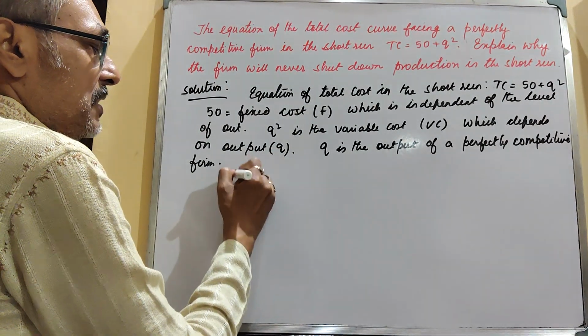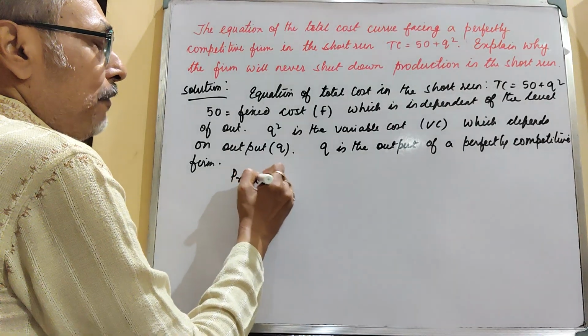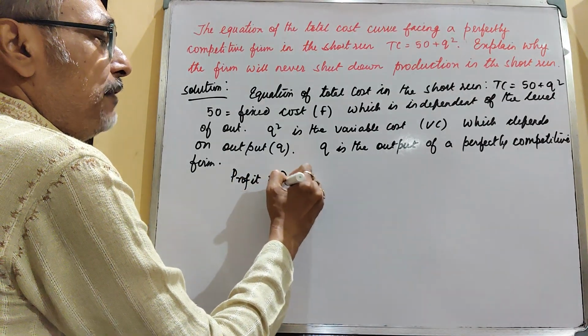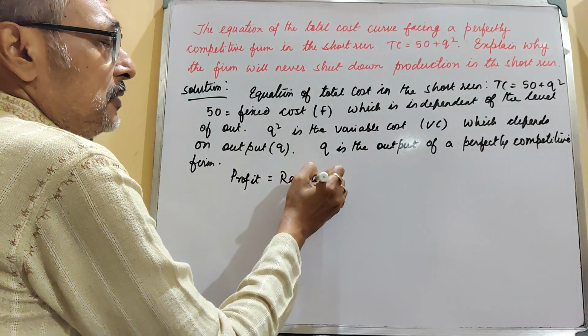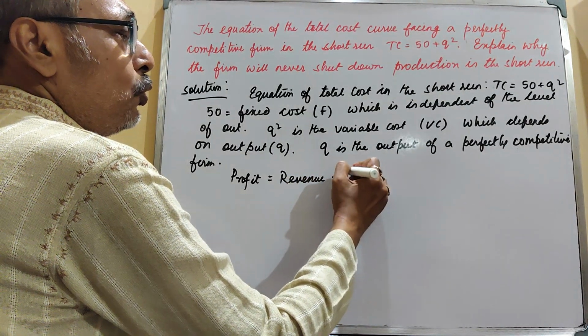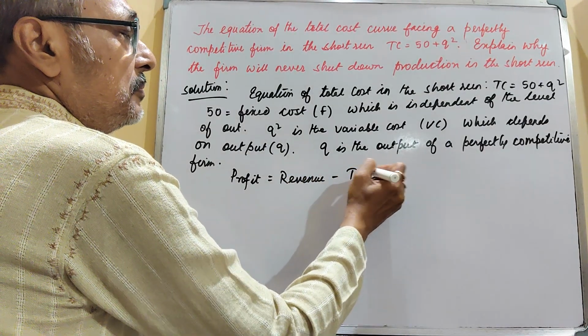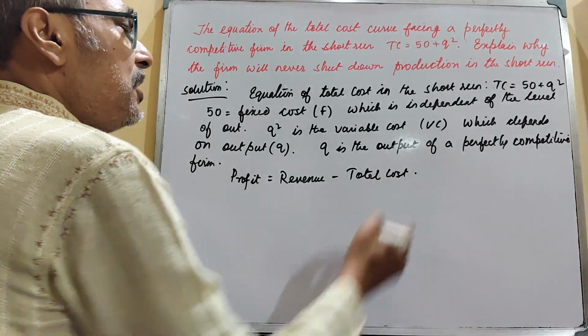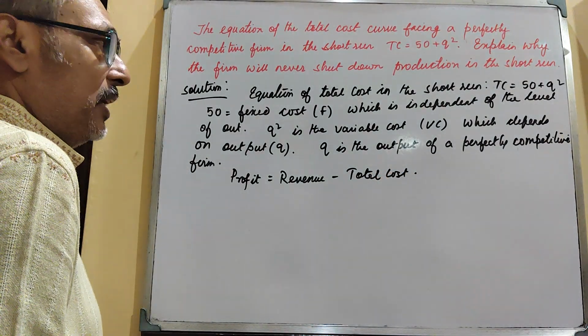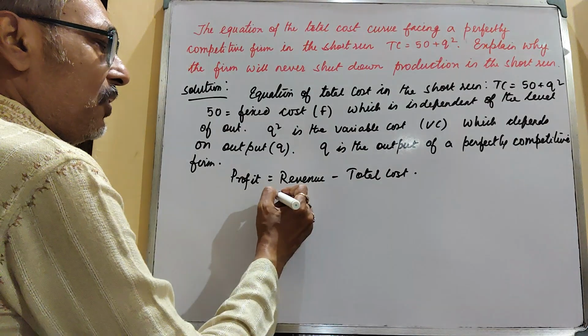Now the profit. What is profit? Profit equals revenue minus total cost. In the short run, total cost has two components, fixed cost and variable cost.